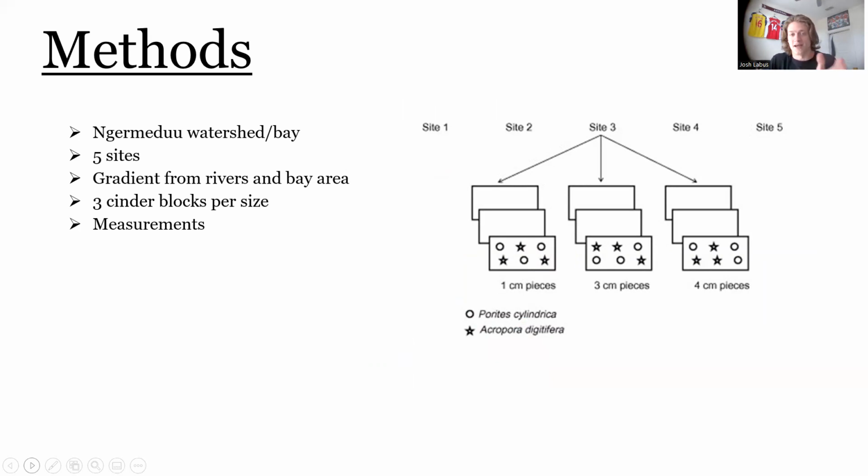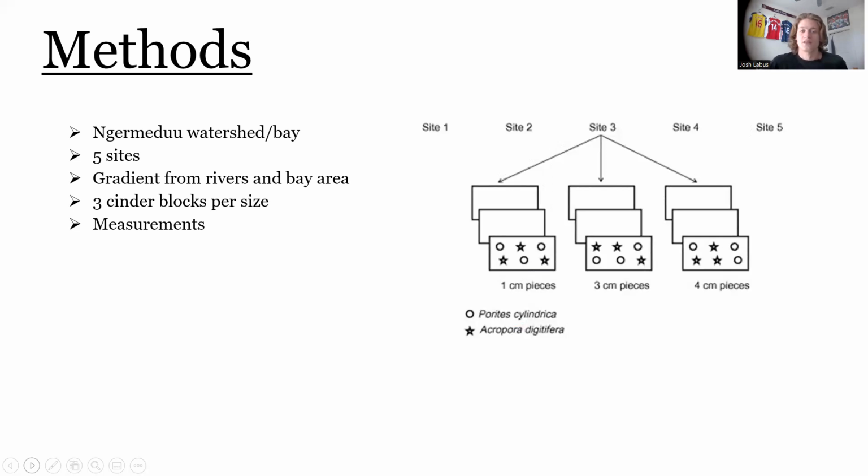Site 1 is going to be the closest to the outlet. Then sites 2, 3, 4, and 5 get further and further from the source of this extra sediment and nutrients. They wanted to see whether or not this had an effect on growth or mortality, and on density and richness.